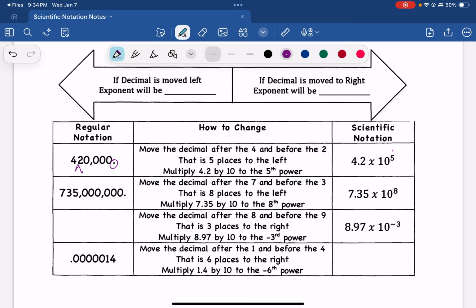Our exponent up here is positive. So in this blank, go ahead and write the word positive. This means that if we've moved the decimal over to the right, then our exponent is going to be negative. Take a moment to pause the video and review the first two examples that explain in words how those problems were done.